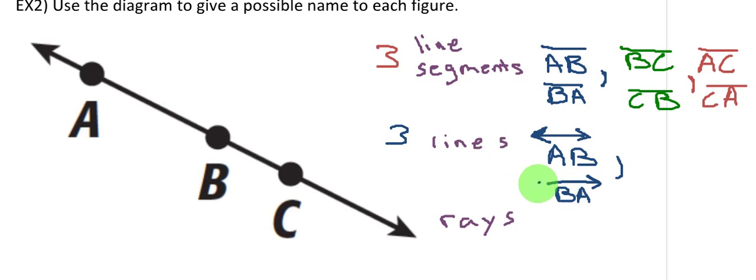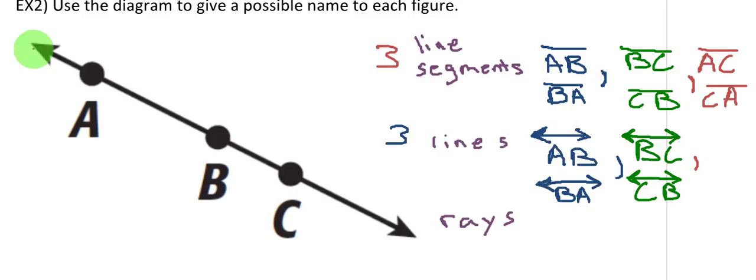So line BA. Another way to represent this would be the line that passes through point B and point C. So put a B and a C here. Put the line, that bar above, or the reverse, which would be CB. And finally, that third one that we're going to look at is the line that passes through point A in that direction, and it passes through point C, continues forever in the opposite direction.